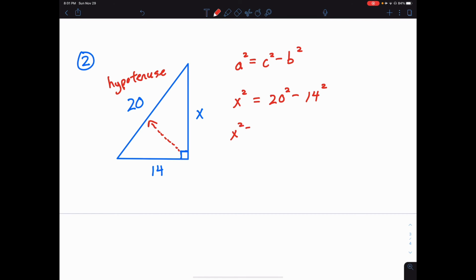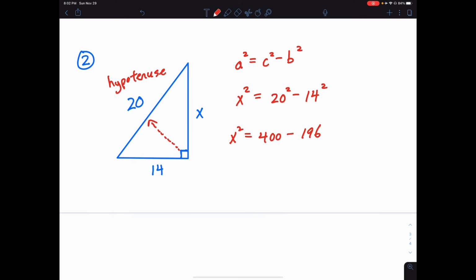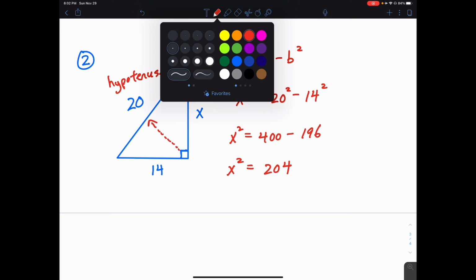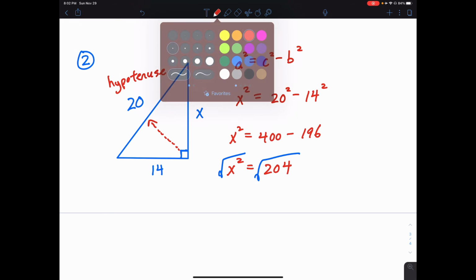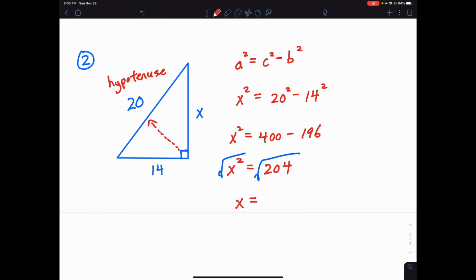So we do the calculation, that'll be 400 minus 196. So then x squared would equal, let's use a calculator, 204. And when we solve for x, we need to square root both sides. So our final answer will give us x equaling 14.28285686.